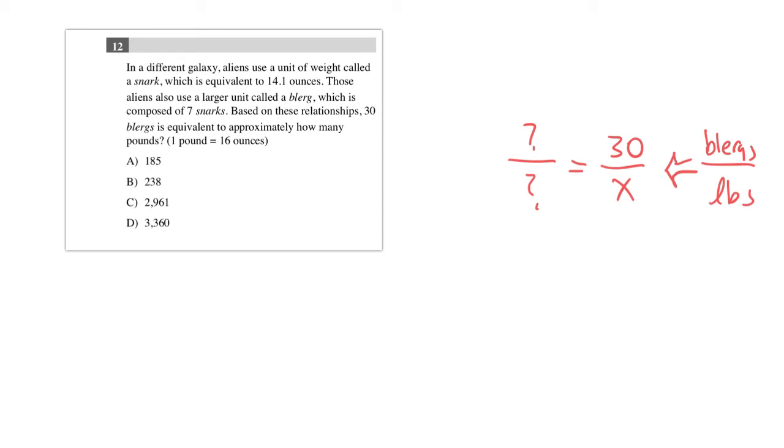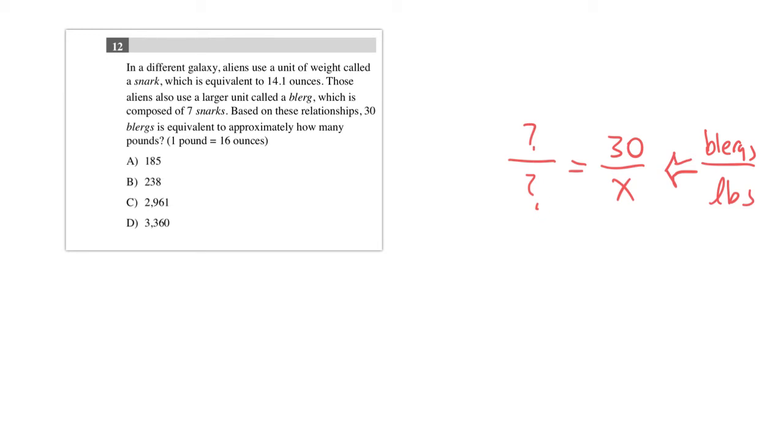So this is an example of a problem where it might not be completely clear what to do in order to find another fraction, but we want to use the previous information to perhaps even stumble upon some other fraction that would feature blurgs related to pounds, okay?